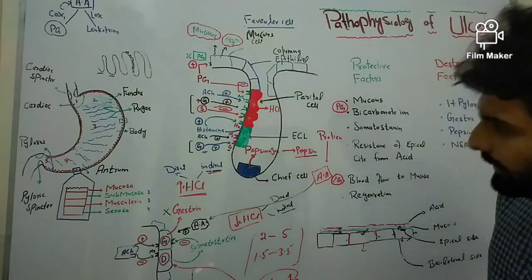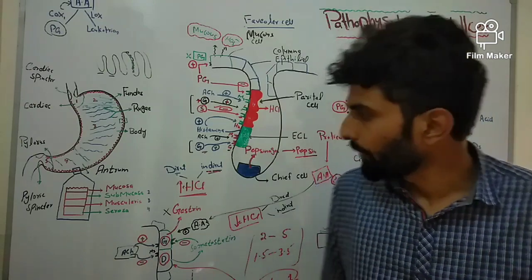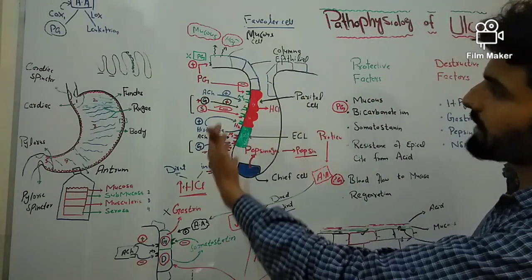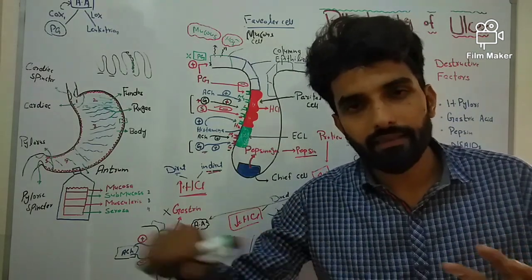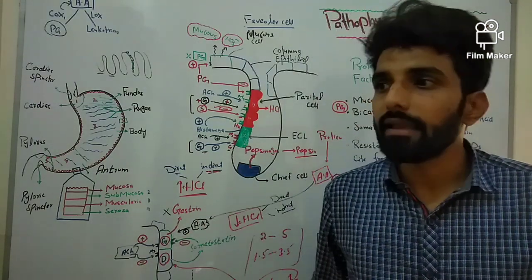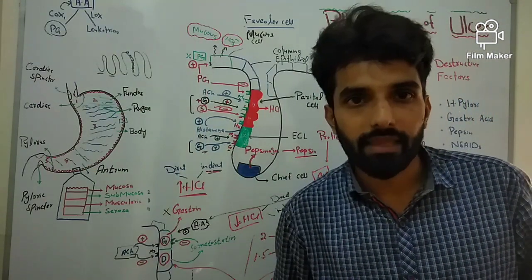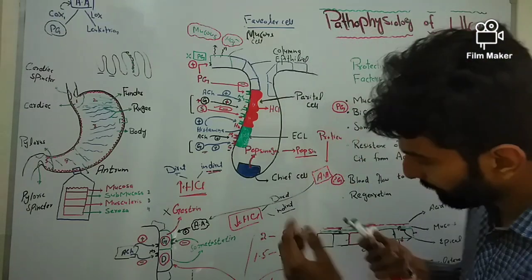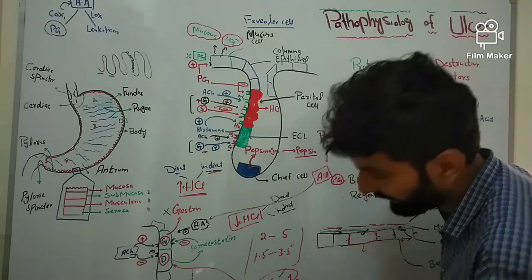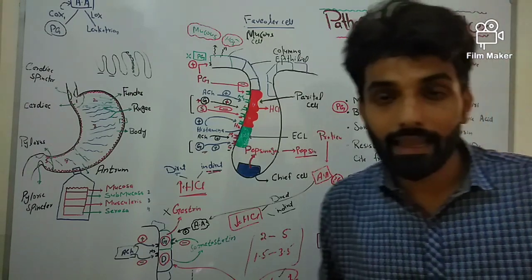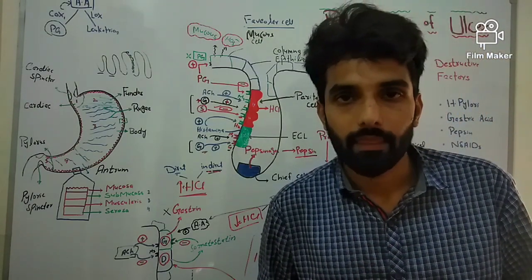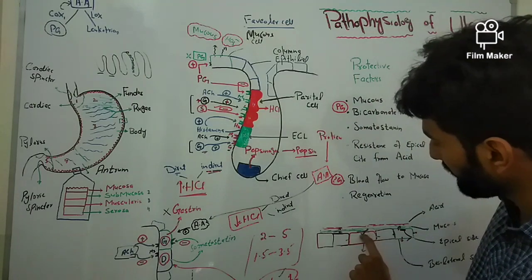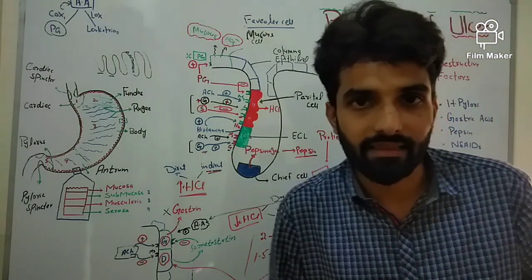But if HCl keeps releasing because of gastrin, histamine and acetylcholine, and the pH gets too low, or below 1, this is very dangerous because it can cause corrosion of the cells. It can cause ulcer and damage the apical side of the epithelial cell.